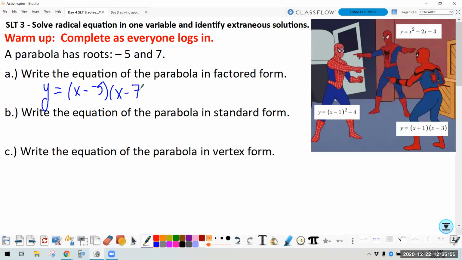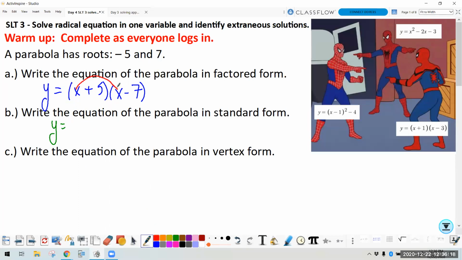X minus the root. Because you can think about when we solve, we get the opposite signs from our factors for the solutions. So then standard form, we multiply the factors together. FOIL, box method, distribute.